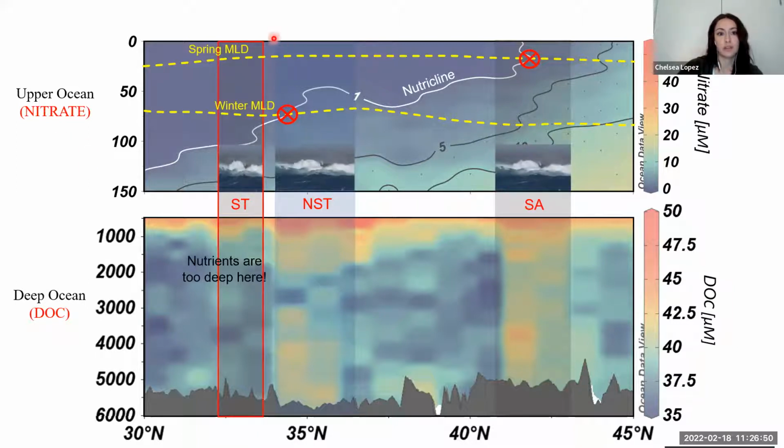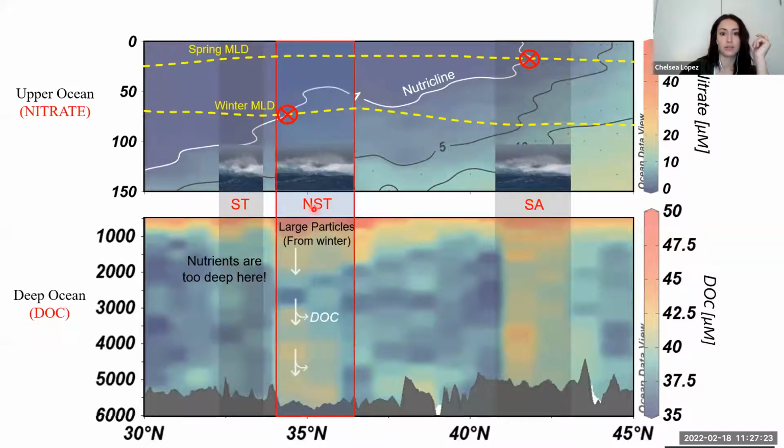So just to summarize each of these, here in the subtropical front, even though it's a front, it's not showing particles of either size class or a DOC enrichment. But if you notice here, the winter mixed layer depth doesn't even reach the nutricline. So at no point are you getting enough nutrients in here to support phytoplankton and transfer carbon into higher trophic levels that would induce carbon export and release DOC. So that makes sense.